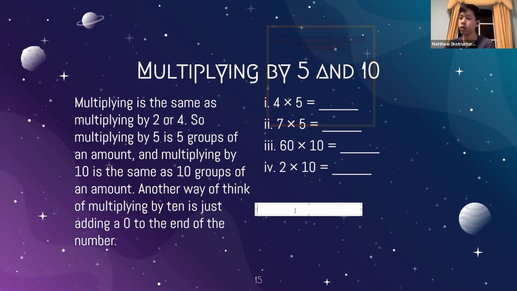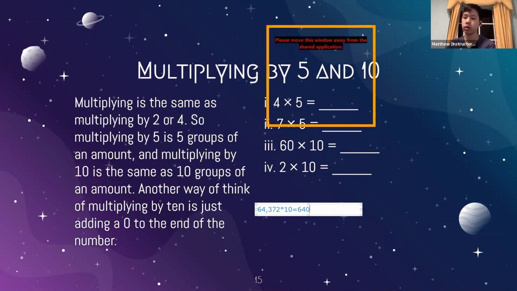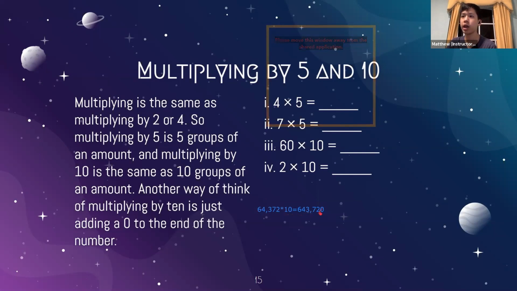For example, 64,372 times 10 is equal to 643,720. I'm sorry, I fumbled it. That's the correct answer. As you see, this number and this number are exactly the same besides the fact that I added a 0.